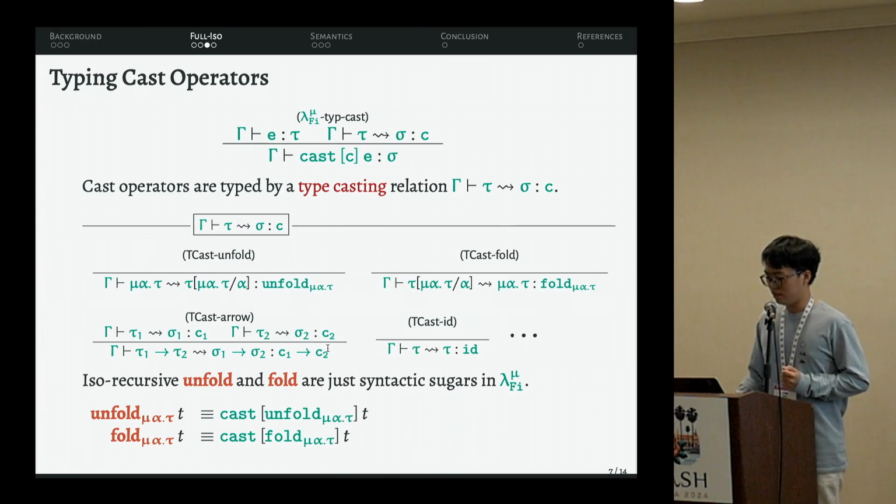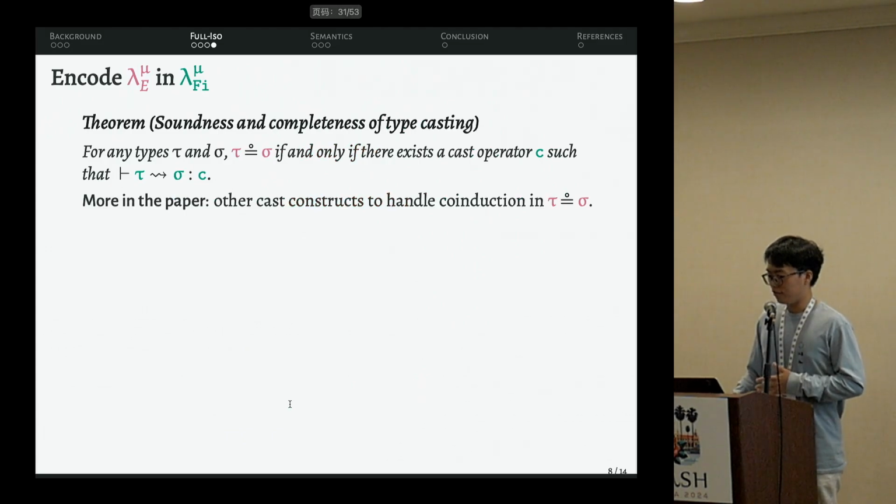From this, you can see that the iso-recursive unfold and fold typing rules are just syntactic sugar, since you can use these atomic cast operators to encode them and achieve the same typing effect. In the paper, we have more cast operators to handle more complicated mechanisms in equi-recursive type equalities, like co-inductive reasoning. But the takeaway is that our type casting rule is sound and complete with respect to the equi-recursive type equality rule.